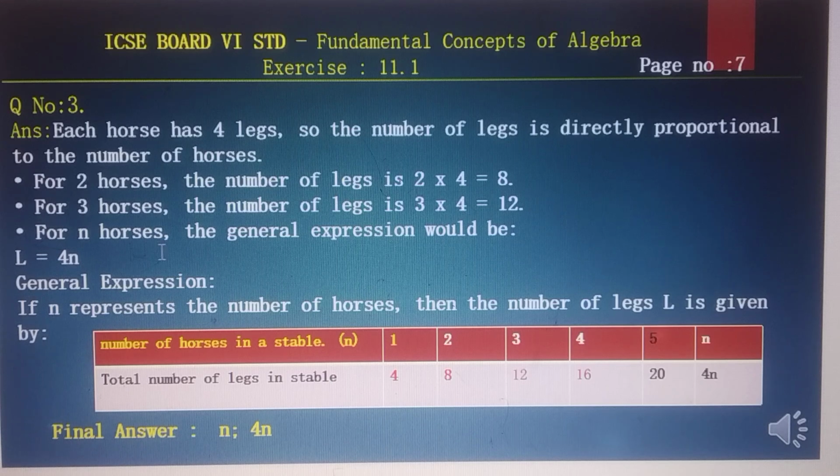For n horses, the general expression is legs L equals 4n. 1 for 4, 2 for 8, 3 for 12, 4 for 16, and 5 into 4, 5 fours are 20, and n gives 4n. The final answer is n and 4n.